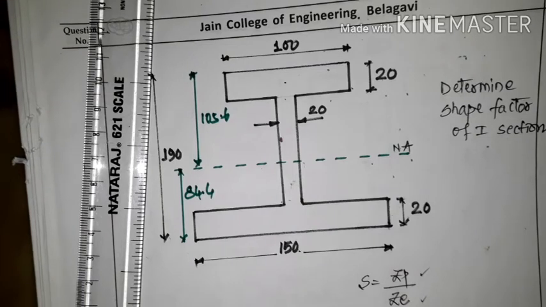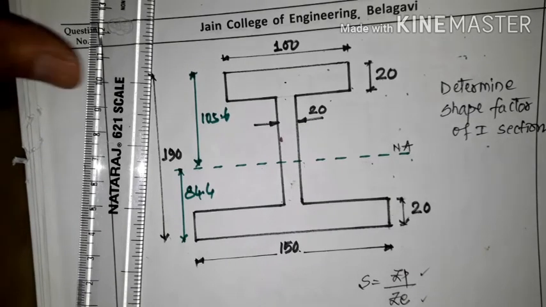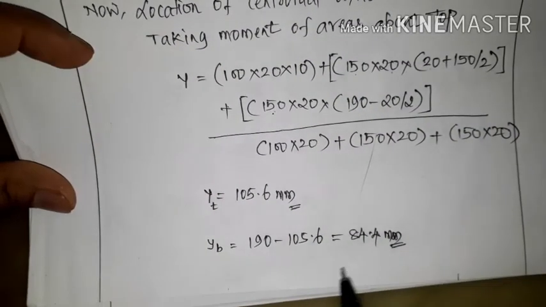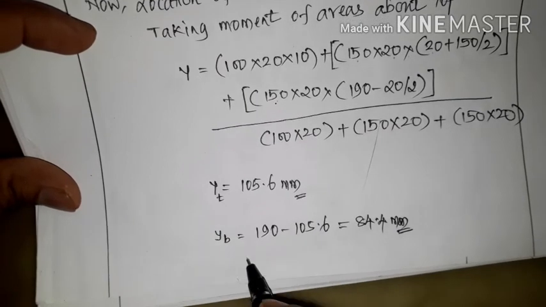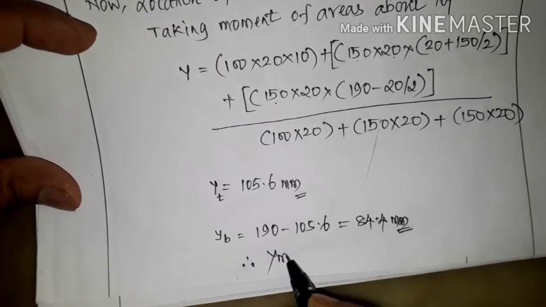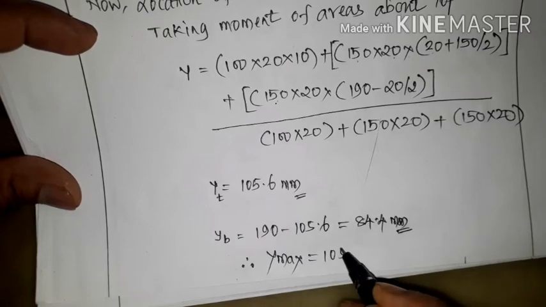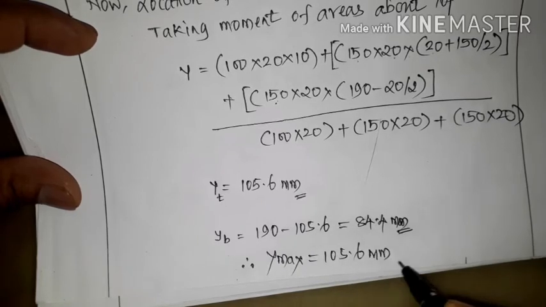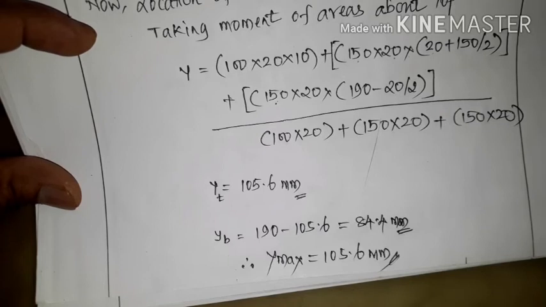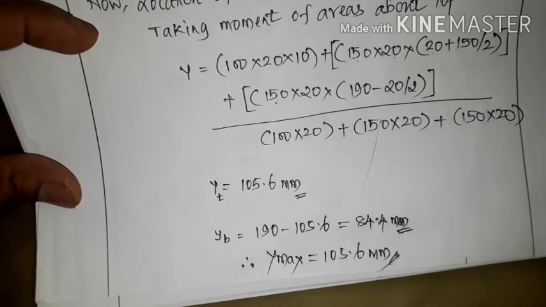So we will calculate I now. Y max is the maximum between these two. Therefore Y max is equal to 105.6 mm.